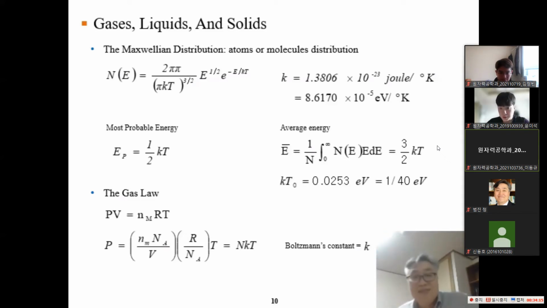So this is your first assignment: calculate the most probable energy and average energy. You already have the solution, but you have to submit how you calculate the most probable energy and average energy.